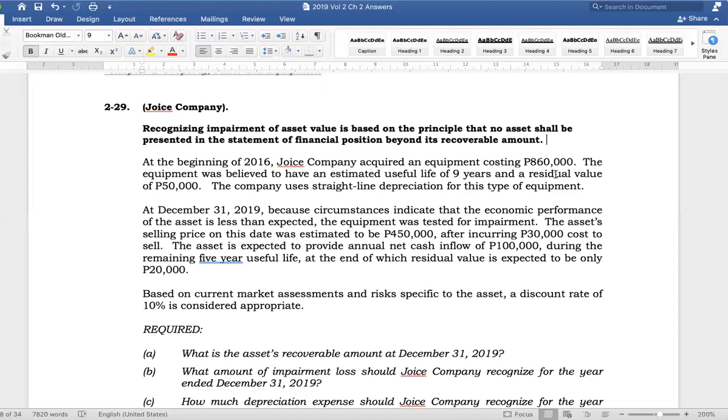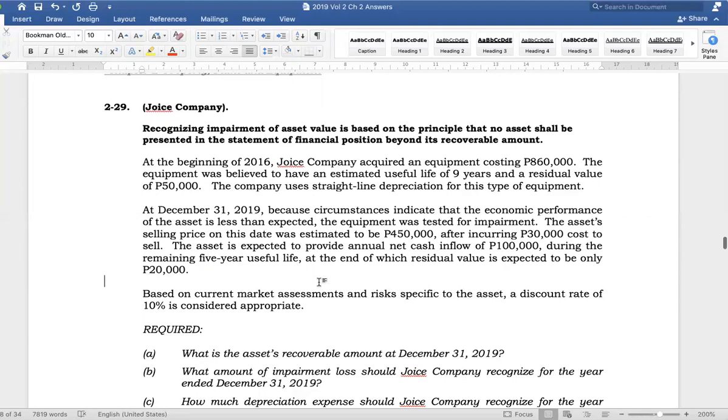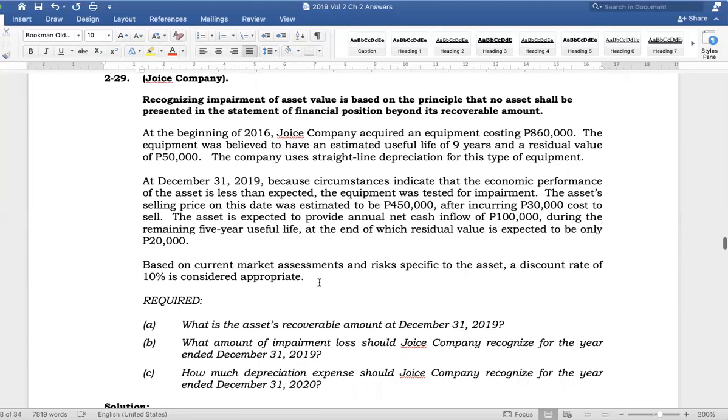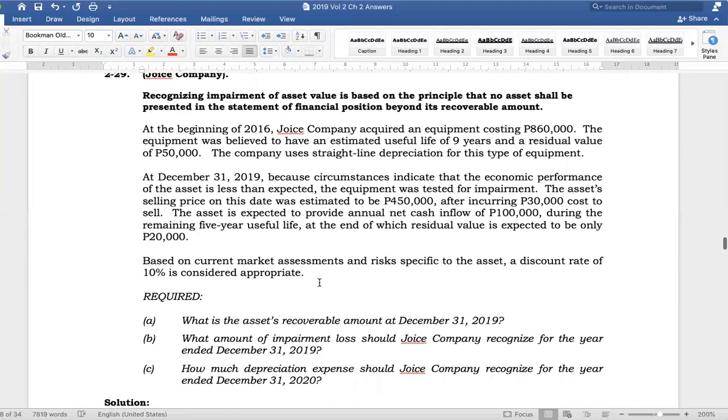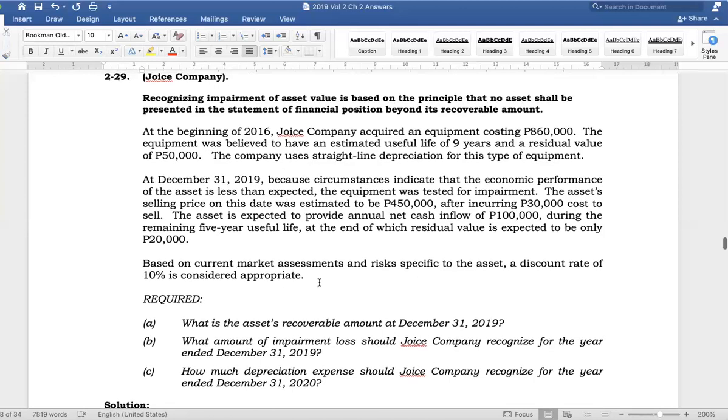The asset is expected to provide annual net cash inflow of $100,000 during the remaining 5-year useful life, at the end of which residual value is expected to be only $20,000. Based on current market assessment and risk specific to the asset, a discount rate of 10% is considered appropriate. So, what is the asset's recoverable amount of December 31, 2019?